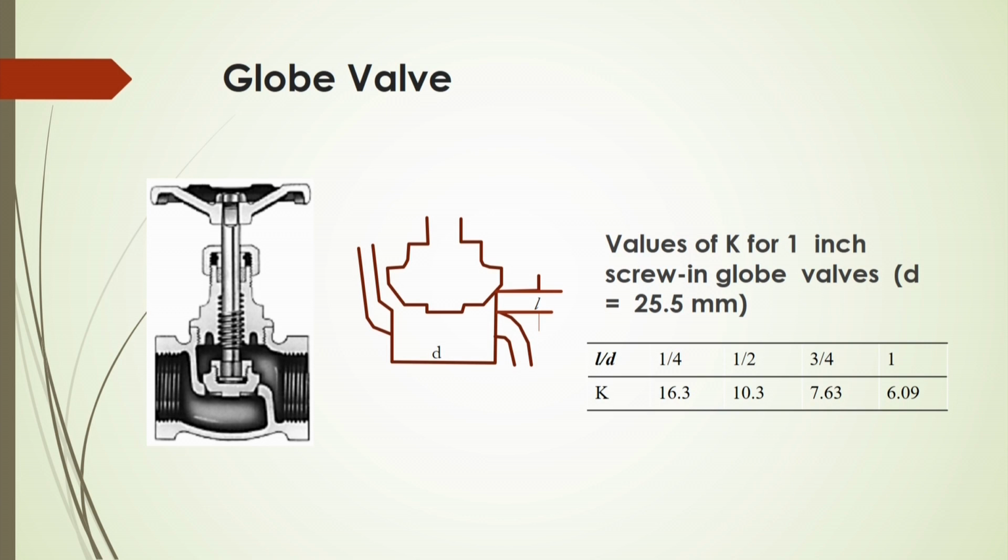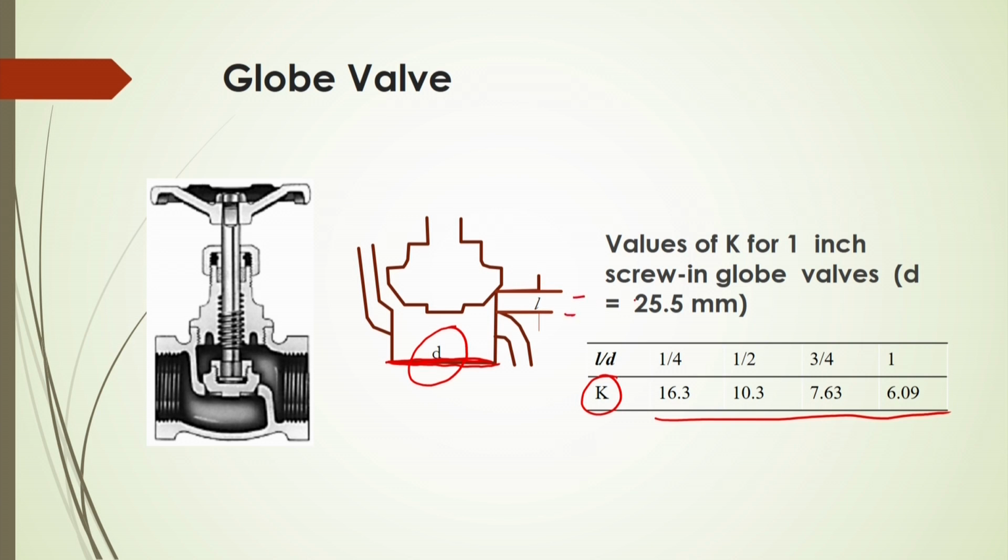Similarly, for the globe valve, what should be the minor energy loss? We know the loss coefficient as given here, like 16.3 for L by D equal to 1 by 4, as shown in the figure. This D is the diameter of the valve, and L is the gap.